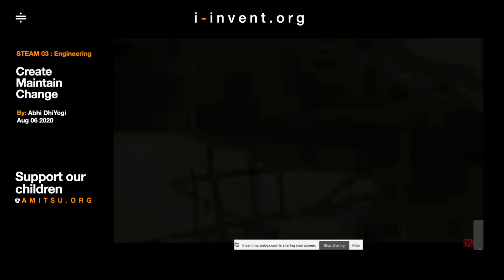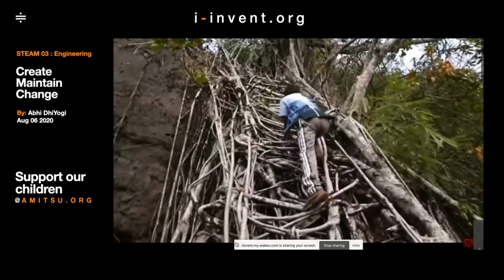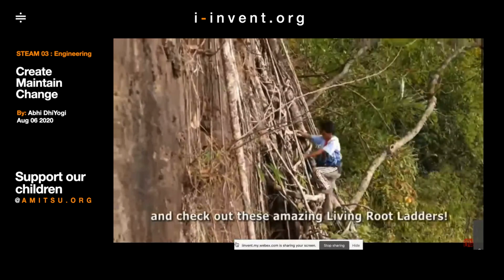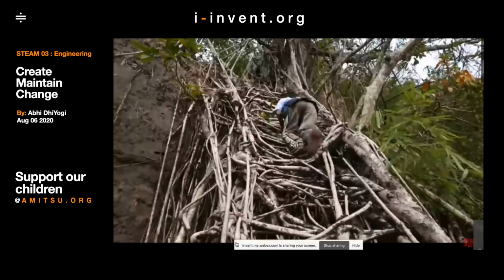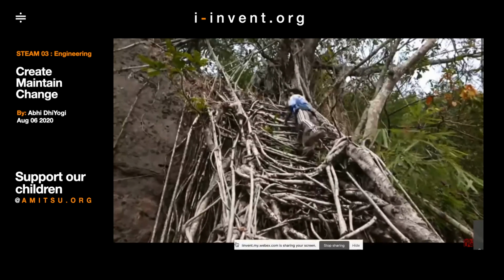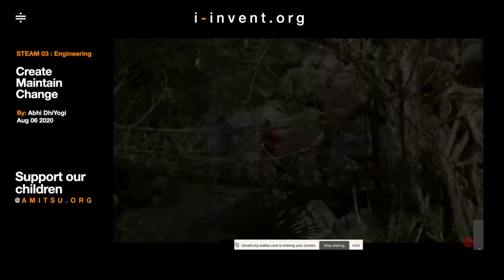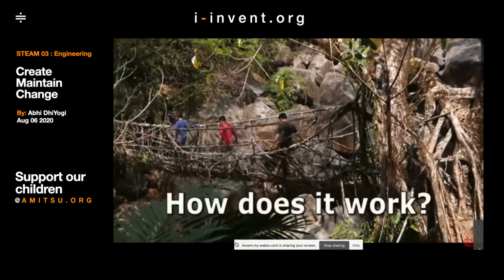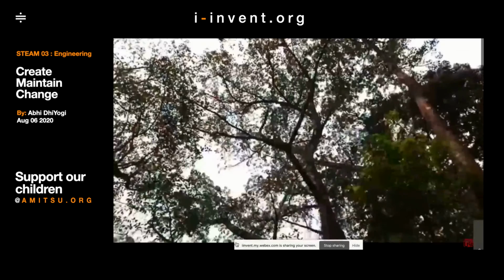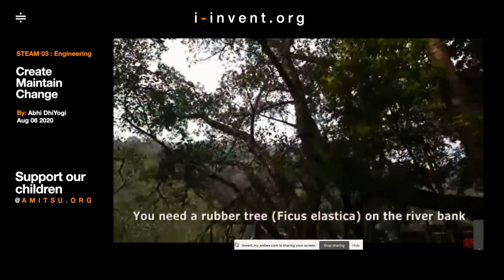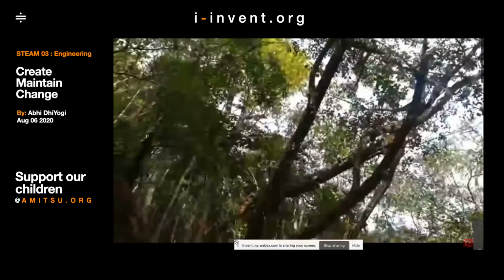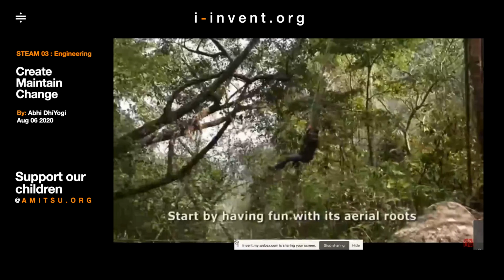So do you know what these bridges are? These are all trees and their roots and their branches. And people have used them to make bridges. So this is a big tree, and it has big branches and roots. So what they do is they use that.